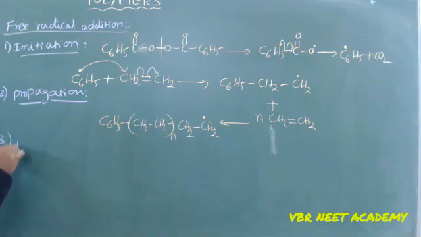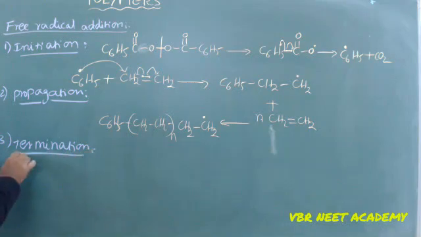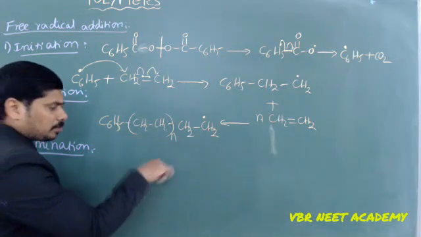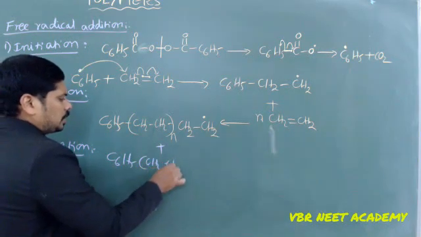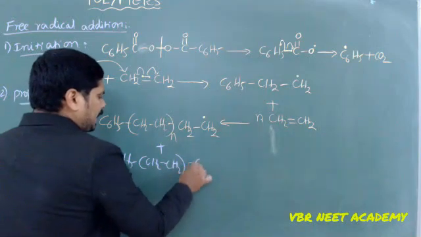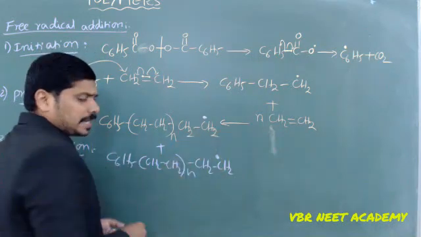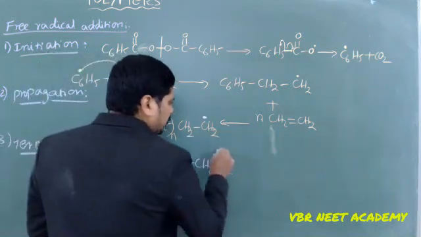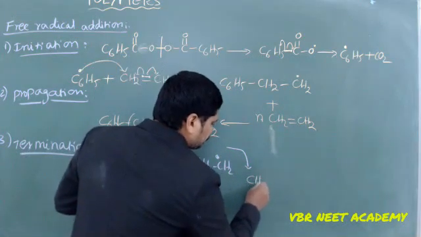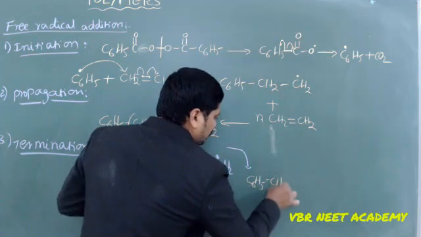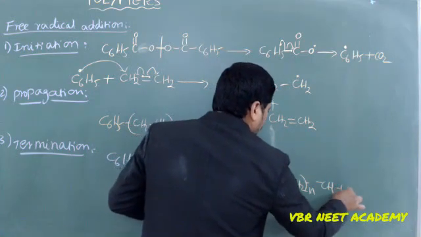And the next one we are having is termination. How is the termination taking place? We are supposed to have two free radicals combine. I am taking one more, the same thing here: C6H5CH2CH2 N times CH2 free radical. Now when these free radicals combine, they are going to give C6H5CH2 N times CH2.